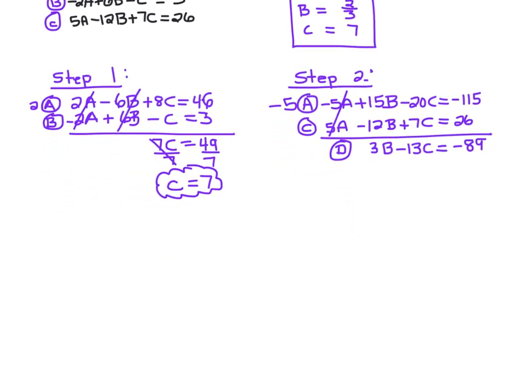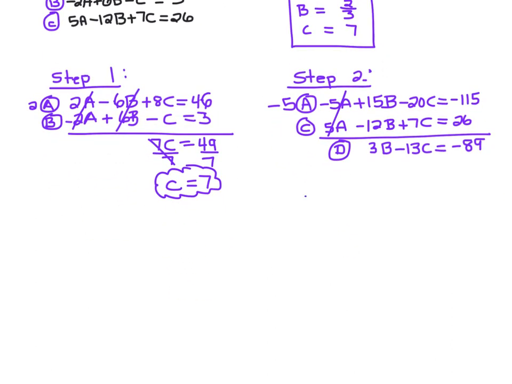So step 3, all right, I'm going to just use equation D. And I can write 3b minus 13, and I'm going to replace this C with a 7, so minus 13 times 7 equals -89.